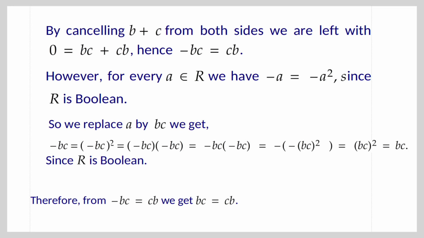bc equal to cb. However, for every a belongs to R, we have minus a equal to (minus a) squared, since R is Boolean.